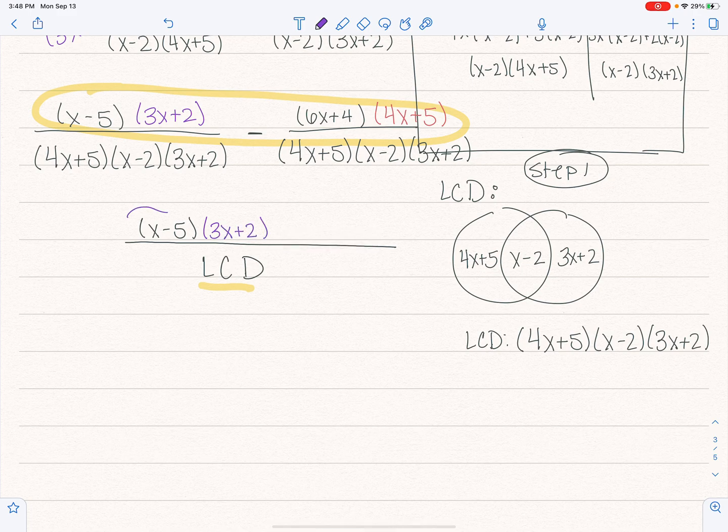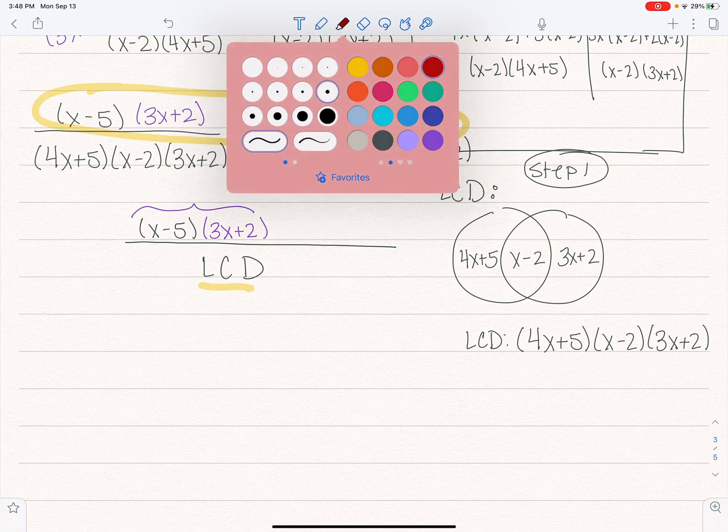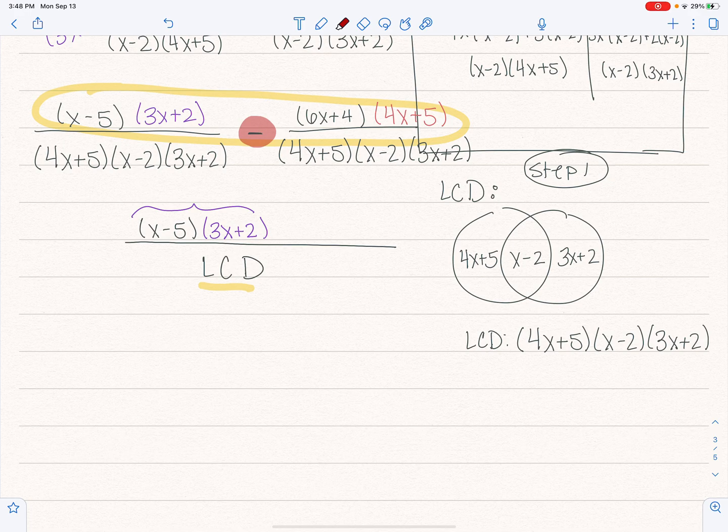So that's my first fraction. And then minus, because that's the sign between them. And remember, something special is going to happen with the minus. Minus this thing, 6x plus 4, 4x plus 5. That's my second fraction.